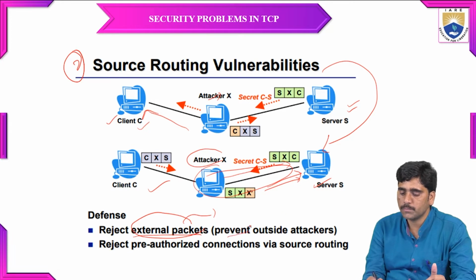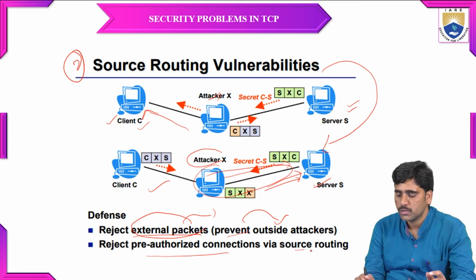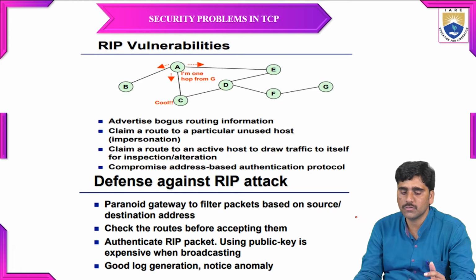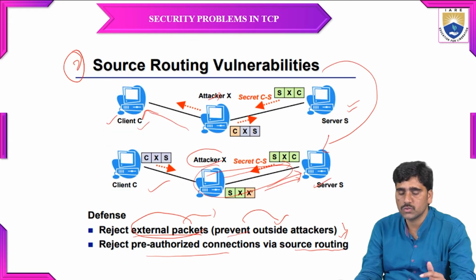It is better to prevent outside connections without any access control mechanism, and reject pre-authorized connections via source routing. Those two we have to reject against source routing vulnerabilities.